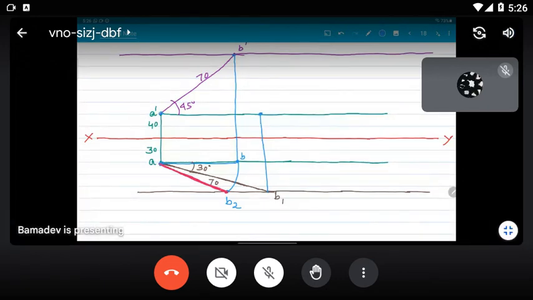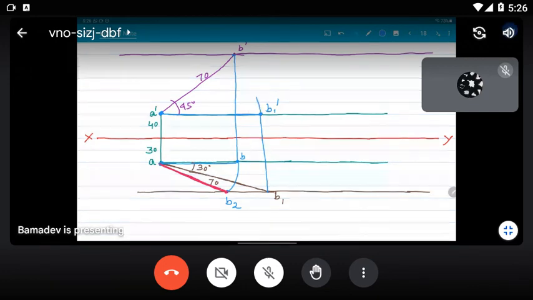Take A dash as center. Say this point is B1 dash. Take A dash as center, A dash B1 dash as radius.